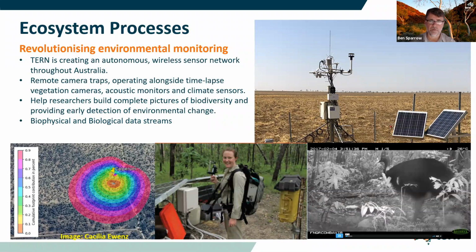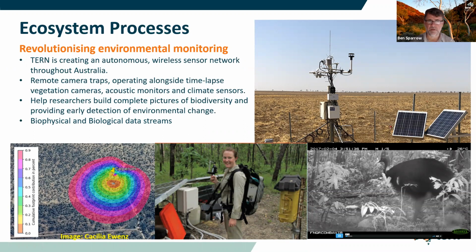So ecosystem processes monitor in different ways. They use instruments that are able to measure change in the environment on a really fine temporal scale. It's not my area of expertise, but some of these measures are coming in multiple times a second, I'm led to believe.